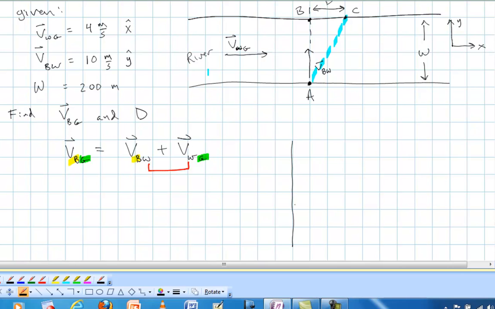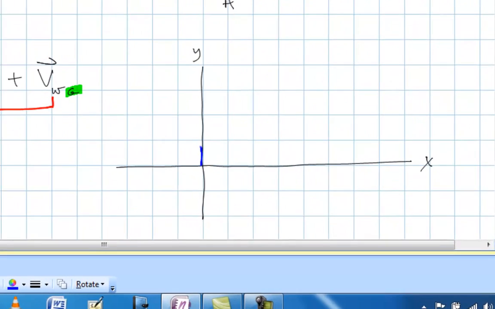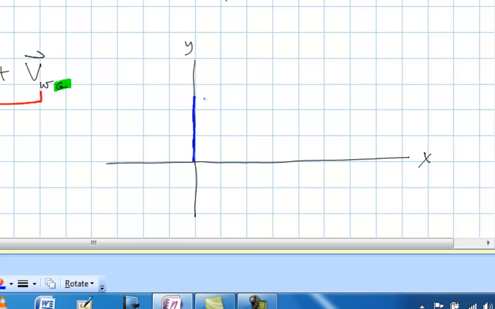Let's draw a quick coordinate system. X, Y. So the velocity of the boat with respect to the water is proportional to 10. And the velocity of the water with respect to the ground, we're adding that vector.